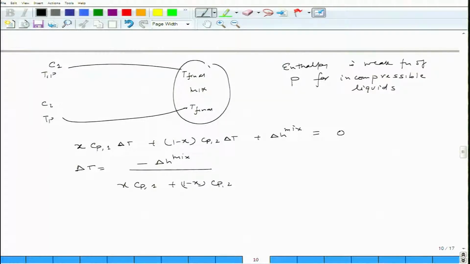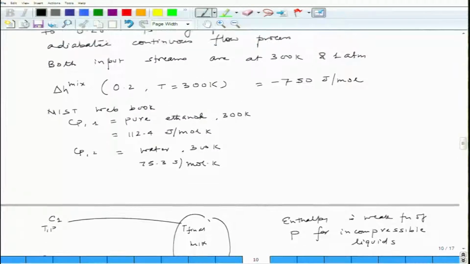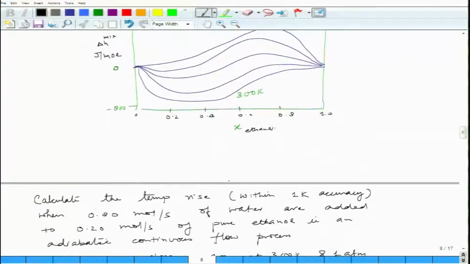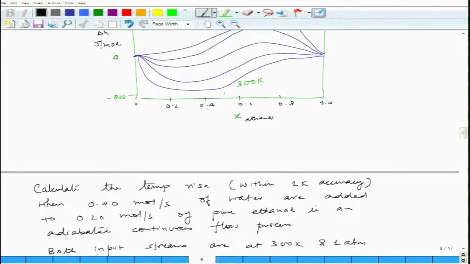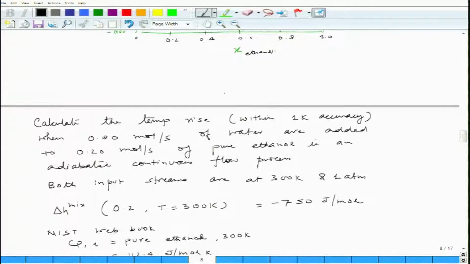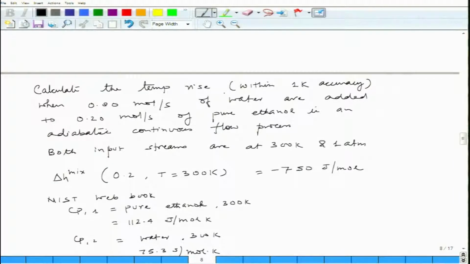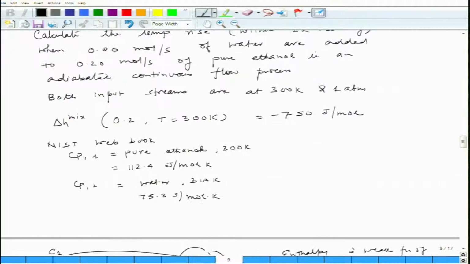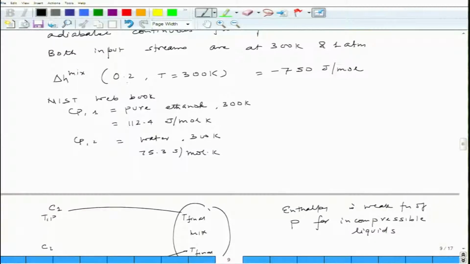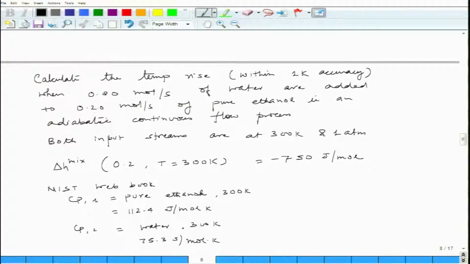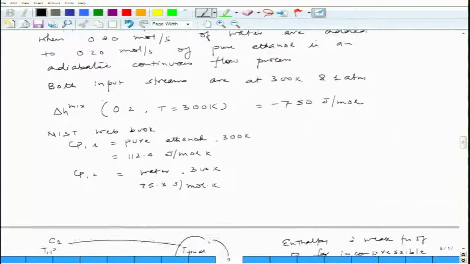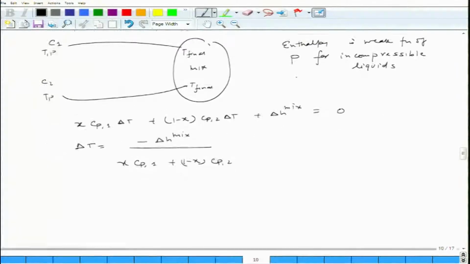Okay. So, what we have been given is this information. We can look at this graph, and we can start from 300. Okay, assuming that small changes are there, that maybe this output stream is also at 300. So, at 300 for 0.2 composition, because composition is fixed, 0.2 ethanol, minus 750 is our delta H mix.